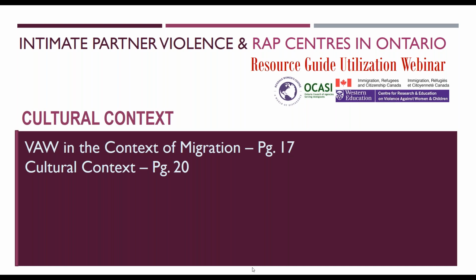We focused on migration and how pre-migration traumatizations of war and torture and post-migration stress of all types impact women's experiences, their access to services, and their options to leave or to mitigate the impact of abuse on themselves and their children.